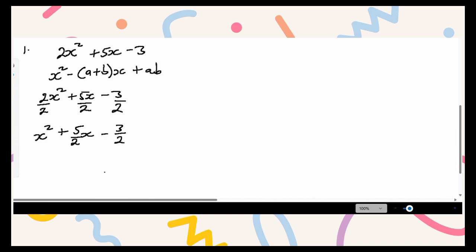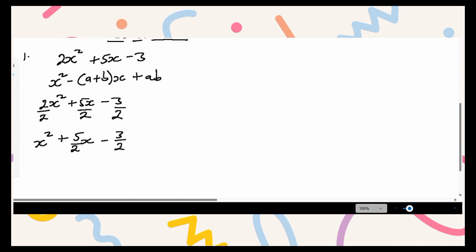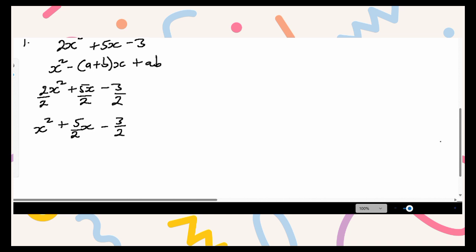Okay, now the next thing that we're going to do is look for the two values that when we add, we get 5 over 2, and when we multiply, we get minus 3 over 2. So these two figures, we can test for them using a lot of numbers.